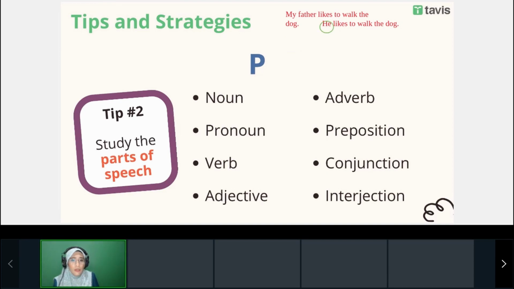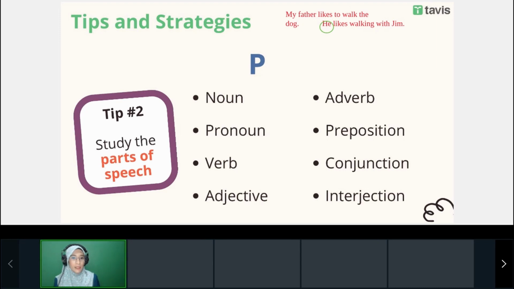You could change it to something like, he likes walking with, maybe you name the dog, right? Maybe you give the dog a name. Maybe the dog's name is Jim. Again, you're giving a noun, right? You're giving the dog a name, Jim.